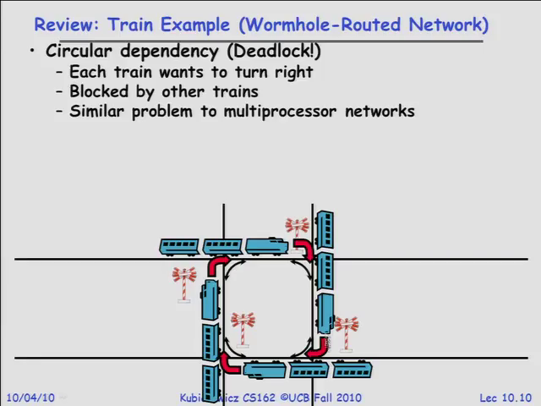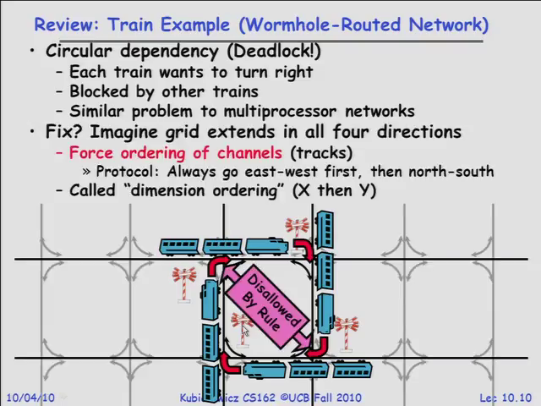Now, what's interesting about this is how many total turns are there? Well, 1, 2, 3, 4 possible turns going clockwise and 4 going counterclockwise, so there's 8 possible turns in a graph like this. And we've disallowed how many?